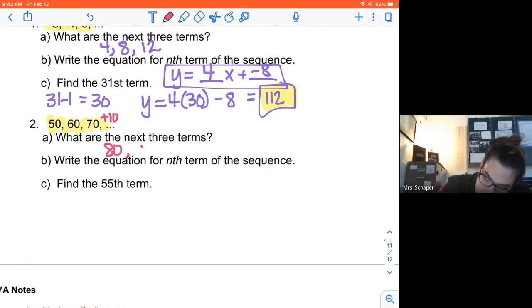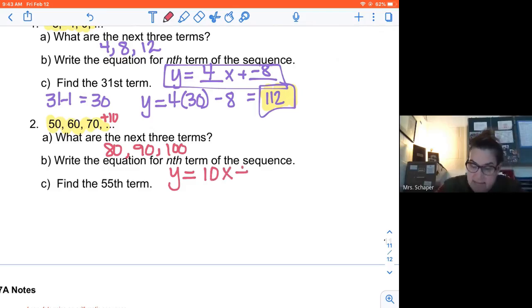So 80, 90, 100. And then write the equation for the nth term. So it's going to be y equals my rate of change, which is 10, times x plus my starting number, which is 50. Y equals 10x plus 50.